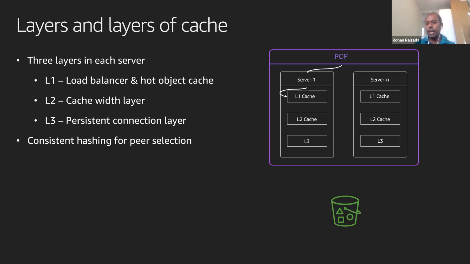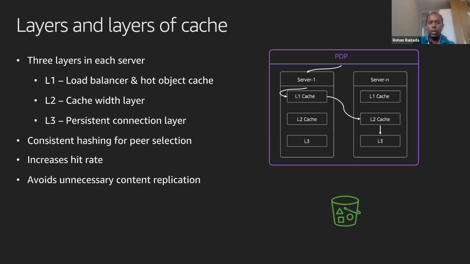As a result, if the request lands on any of those L1 servers, we do the consistent hashing based on the incoming URL, and we end up picking the same L2 server. So we are optimizing for the cache hit rate, and we are also reducing unnecessary redundant data storage in our cache servers. And let's assume in a scenario that the content is not there in our L2 servers at all. Right?